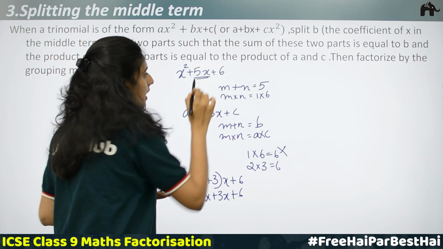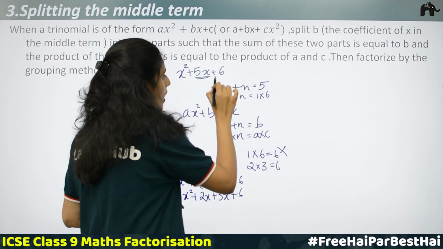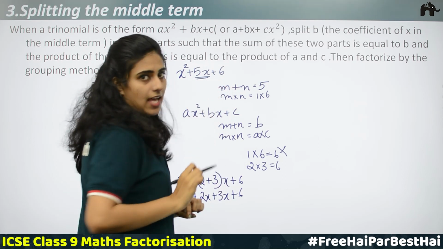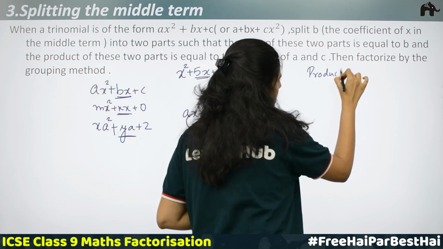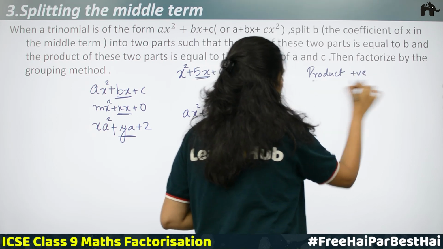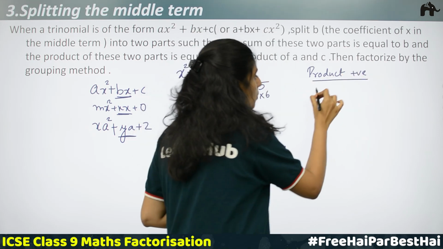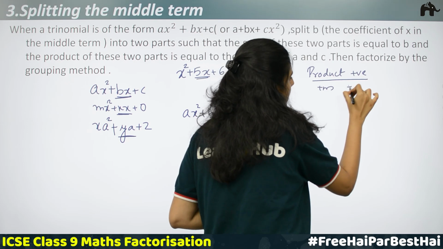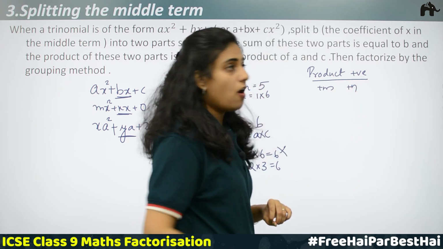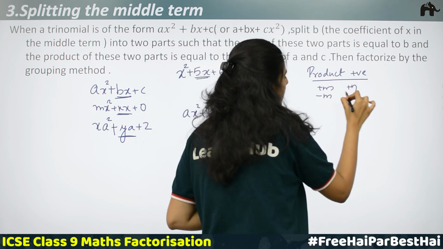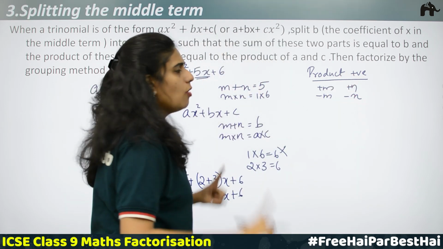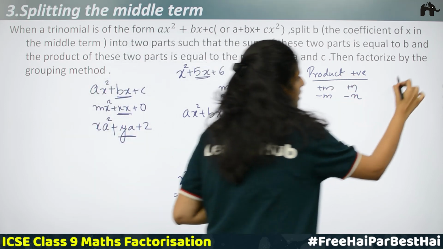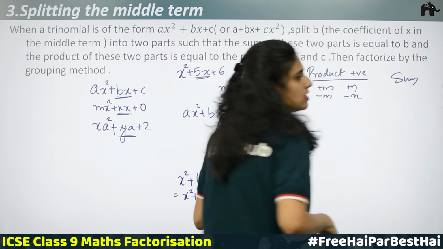Now take another case where you are having a positive sign in the product. Product can be positive in two cases. Either both m and n are positive, or both m and n are negative. Now what about the sum? When do we get sum positive?